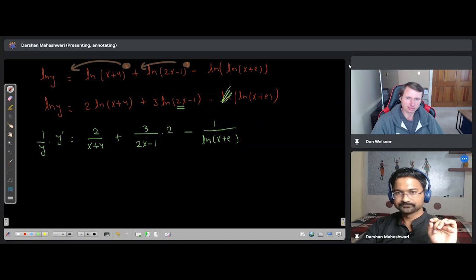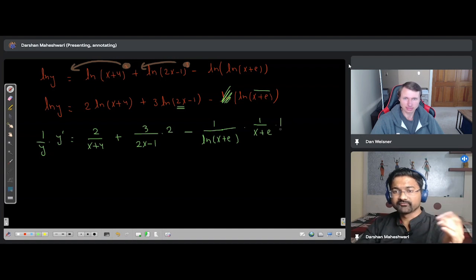So this is down. Now you have to break this ln, which is again 1 over the inside. But what is the inside this time? It's x plus e. All right. So it'd be 1 over x plus e. And I think we have breached everything because the derivative of x plus e is just 1. And I'm not really a big fan of writing tangents on because that's the same thing.